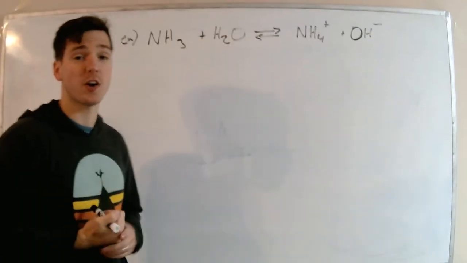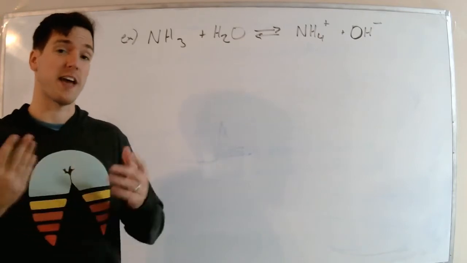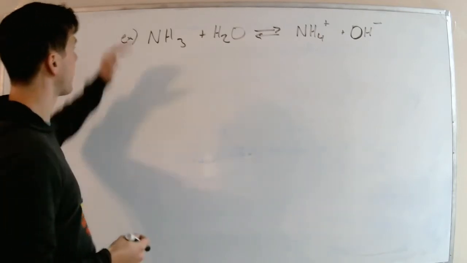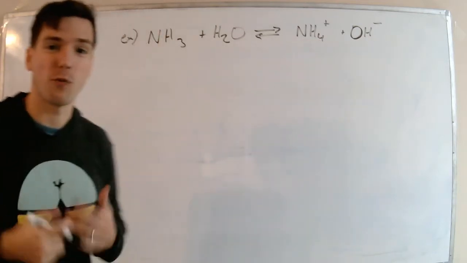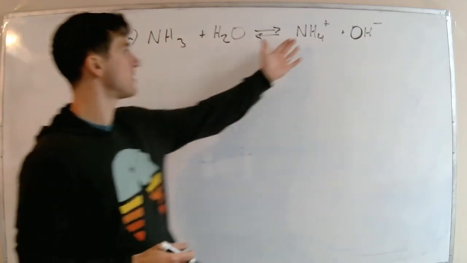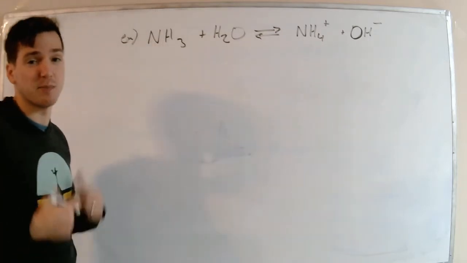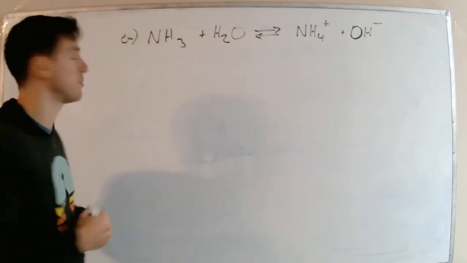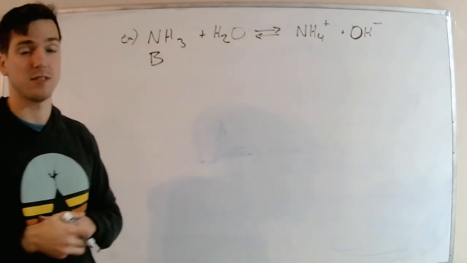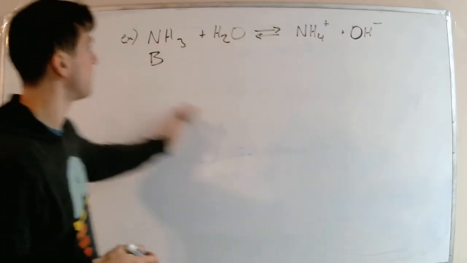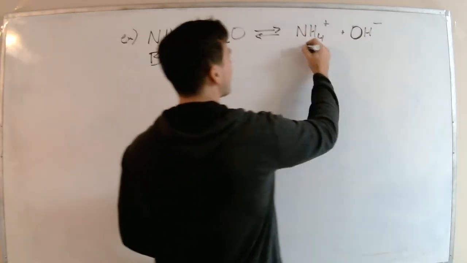So here's our next one. Again, we're identifying the acid, base, conjugate acid, and conjugate base. Let's look at NH3. It goes from NH3 to NH4+. Well, what happens in that time? It gains a hydrogen. It becomes a proton acceptor. So that means that this guy is our base, and it must have become the conjugate acid.